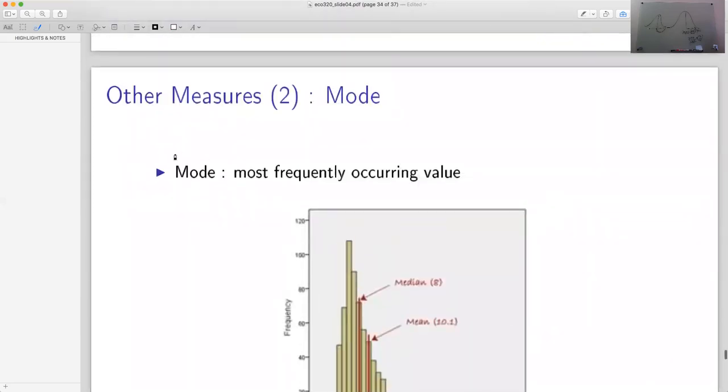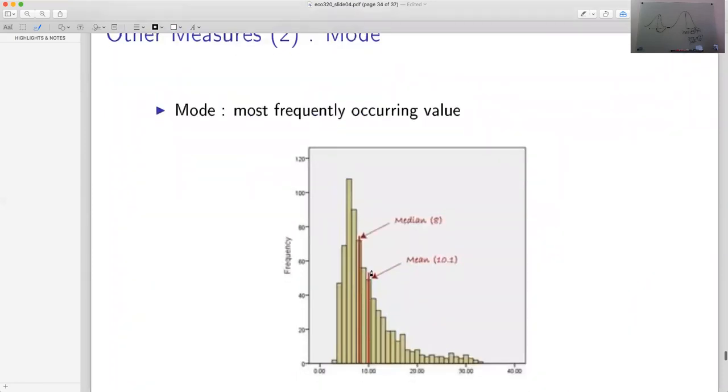And the mode is the most frequently occurring value. So the mean measures the average, the median is in the middle, and the mode captures the most frequently occurring value, which would be here. This would be your mode because it was observed the most. These three are the most commonly used.